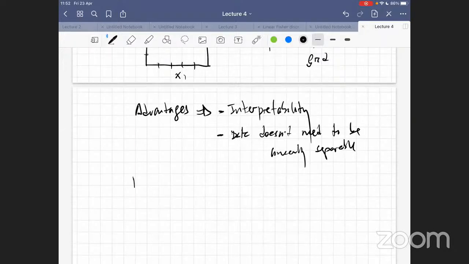Of course, disadvantages. It makes hard splits.